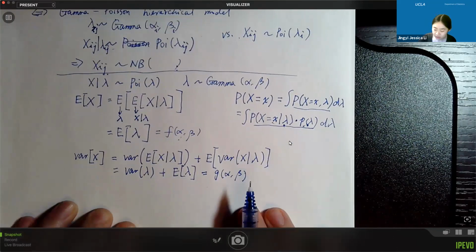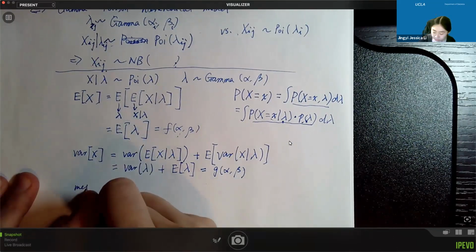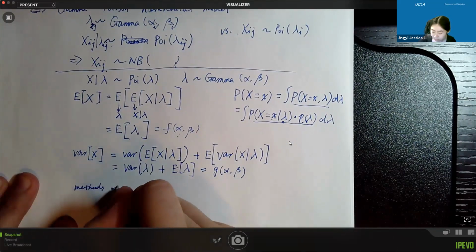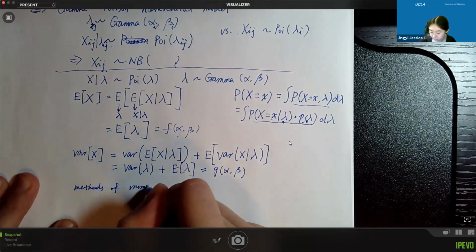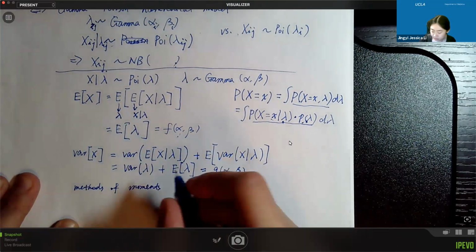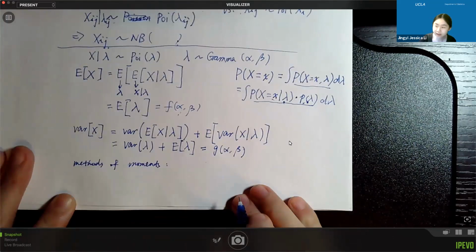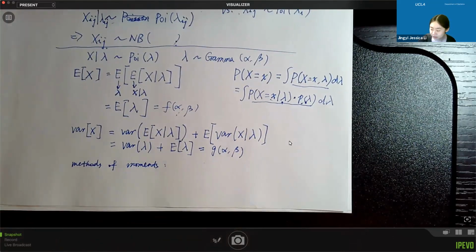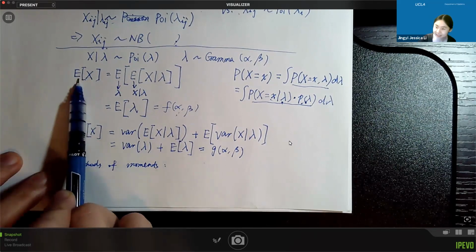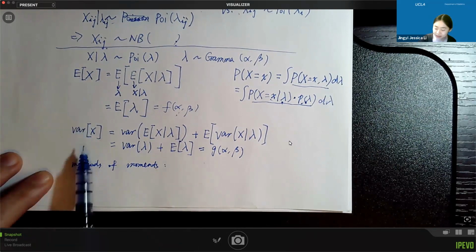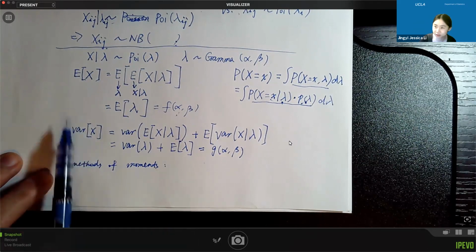Method of moments estimation is very intuitive, unlike maximum likelihood estimation, where you need to specify the likelihood based on probability density functions. The method of moments just needs you to replace the expectation by its sample version from your data.